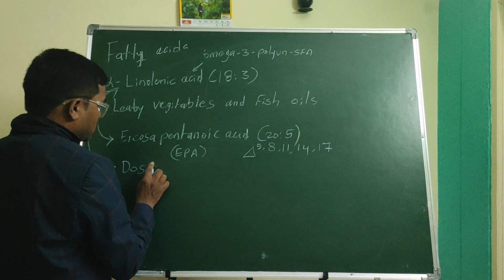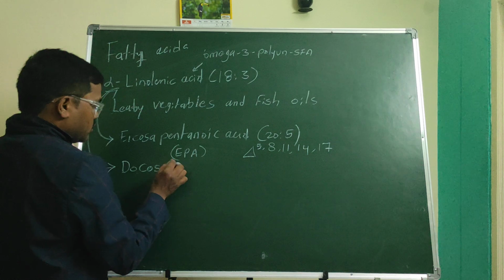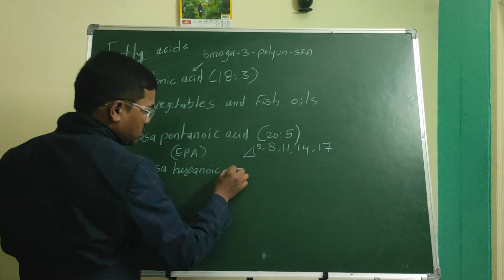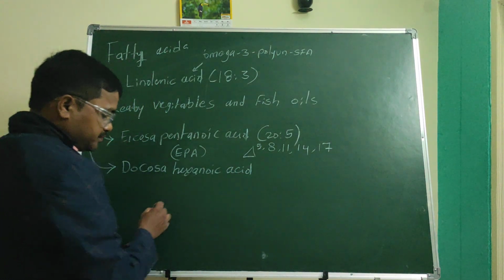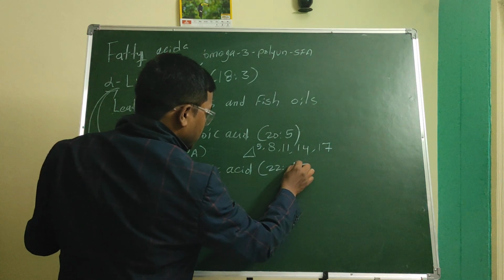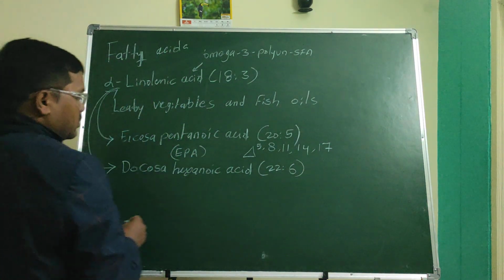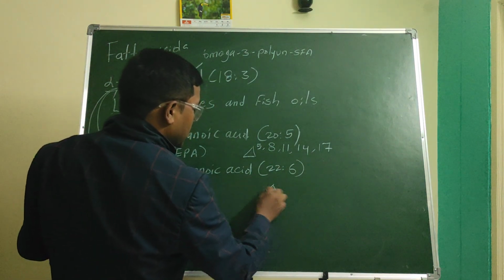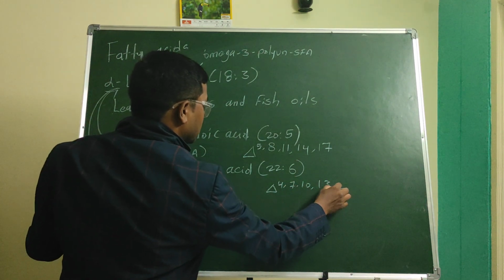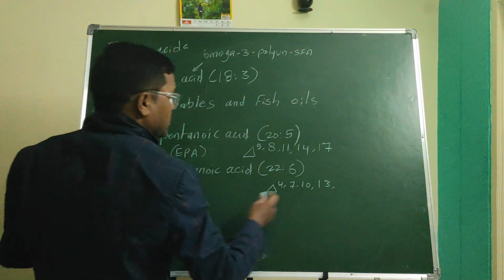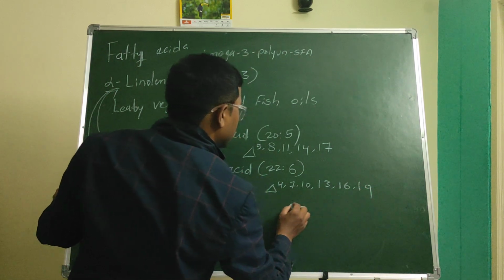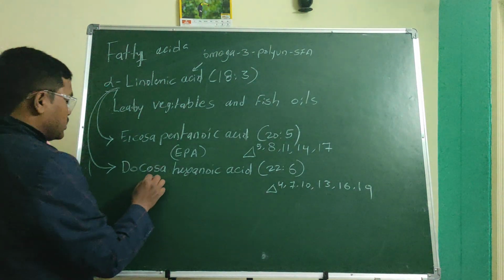Docosahexaenoic acid: the number of carbon atoms is 22 and the number of double bonds is 6, at positions 4, 7, 10, 13, 16, 19. This is also called DHA.